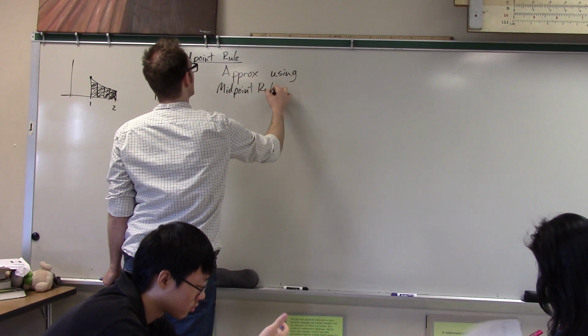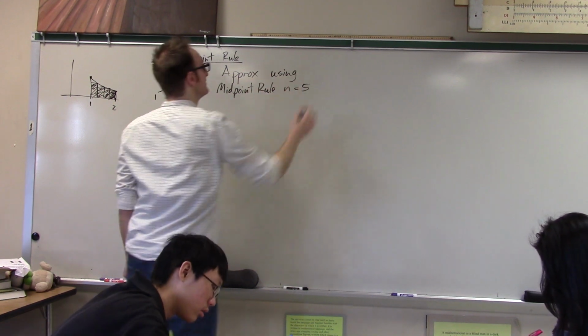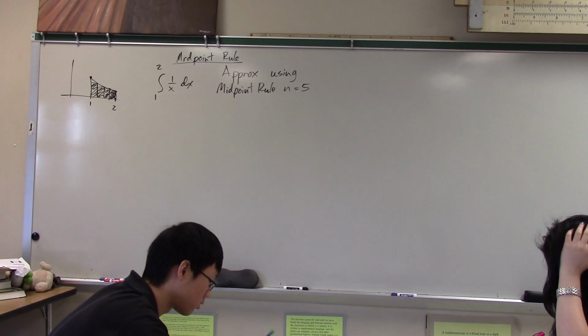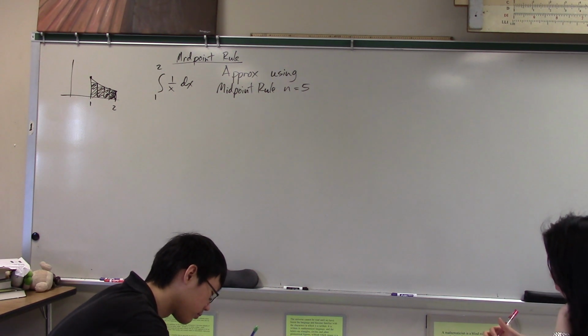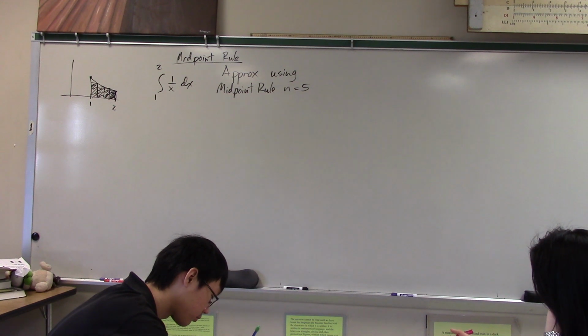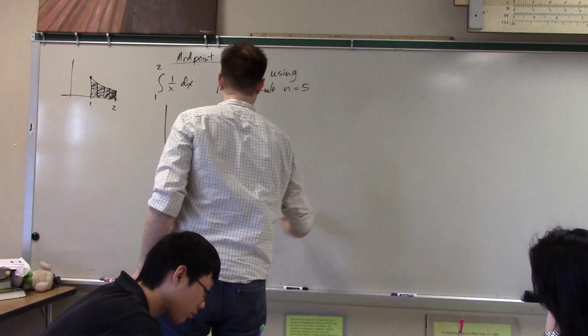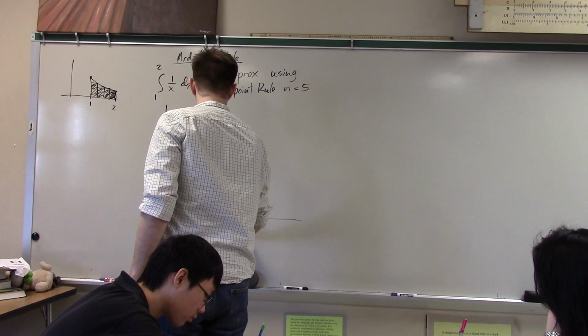Using the midpoint rule with n equals 5. In other words, let's split up this interval into 5 equal width subintervals, and then let's approximate using the midpoint. Alright, so let's make a big picture of this, so it's very clear what's going on.